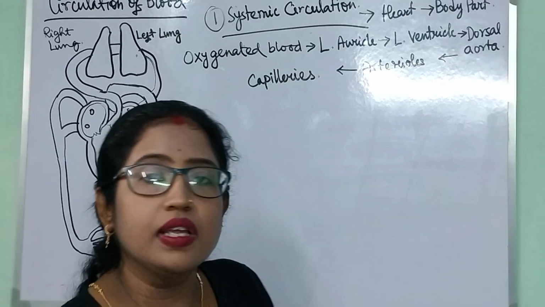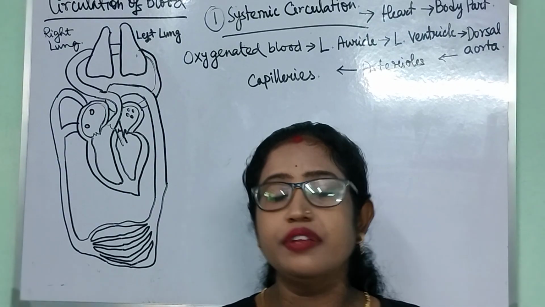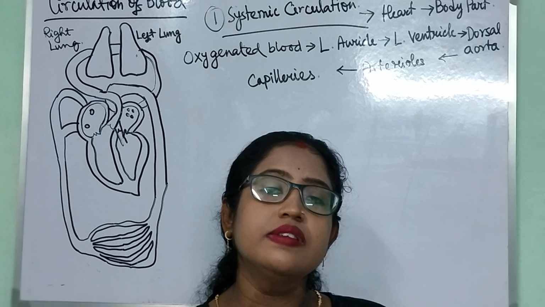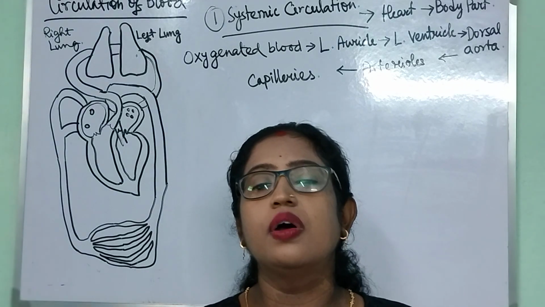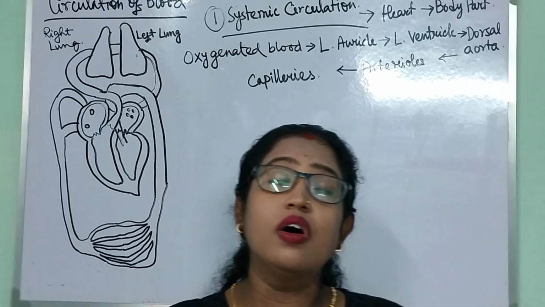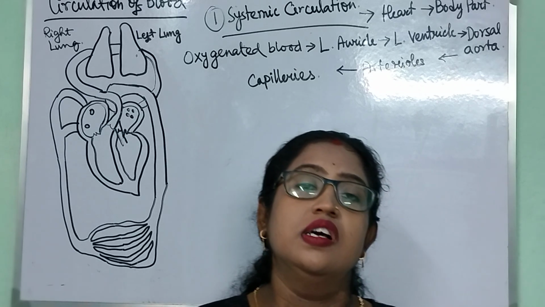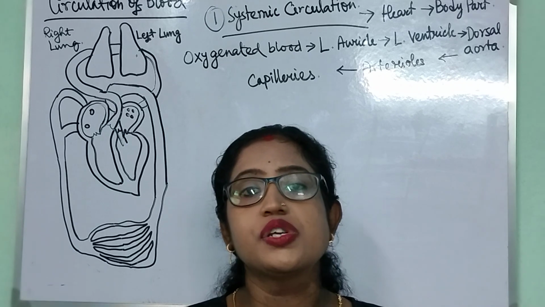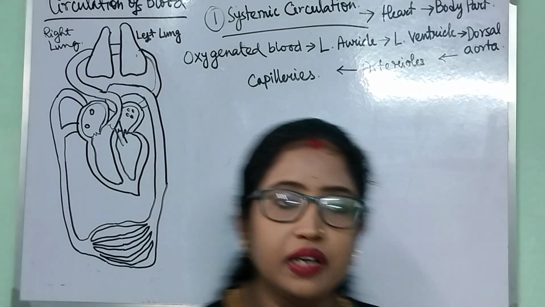Then these capillaries reach into tissues in our different body parts, and the oxygen content in blood simply diffuses out from this capillary to tissues, and also the carbon dioxide that is produced as a byproduct in metabolism process or in respiration process diffuses into the capillary blood.